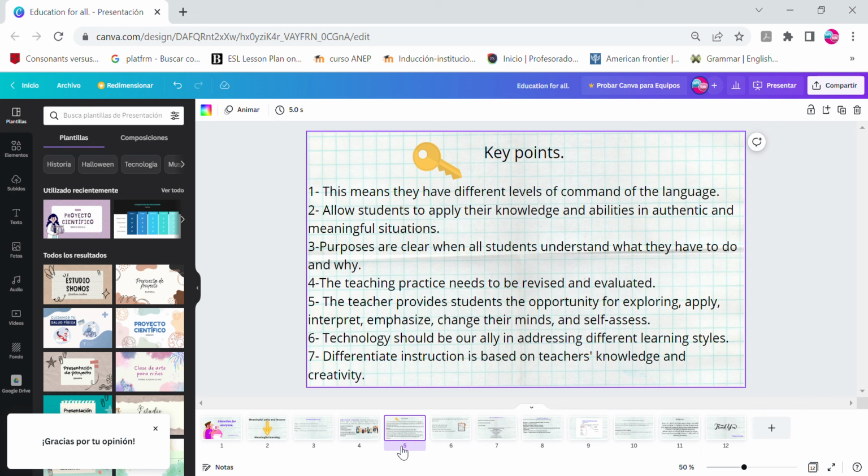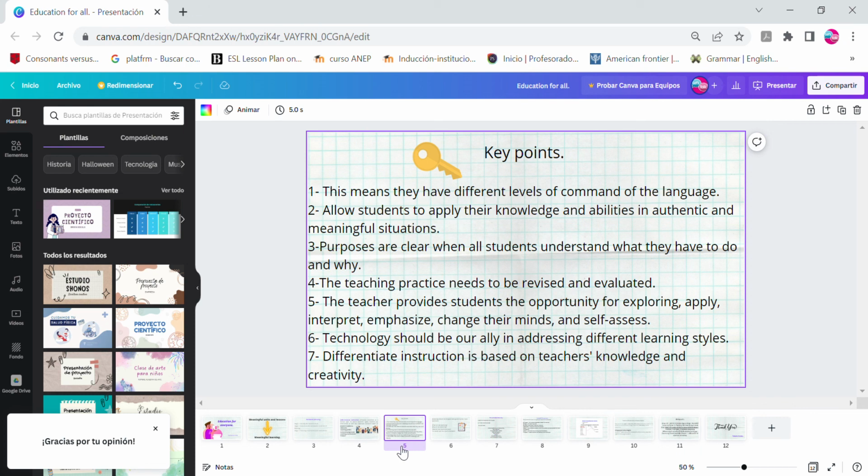As you can see, the teacher guides students, but they are the protagonist of their own learning process, because they explore, they apply, they interpret, and all this work needs to be differentiated in order to assure the students' right to receive education inside the classroom.